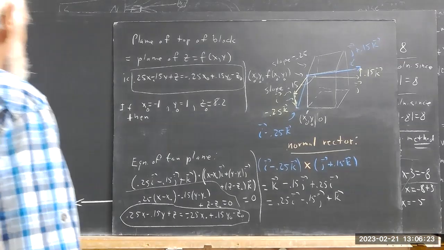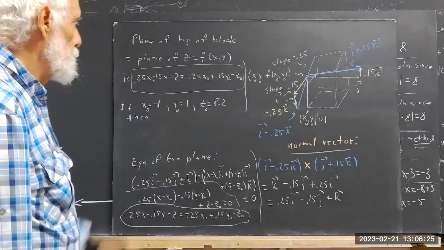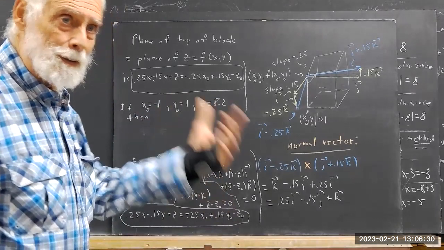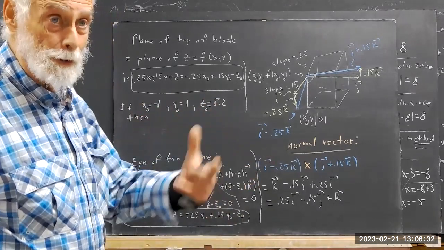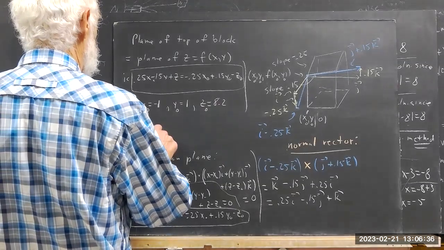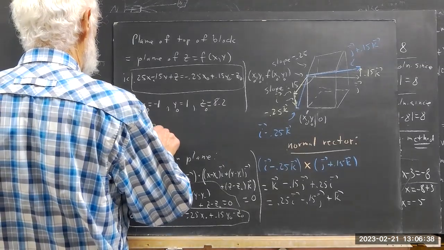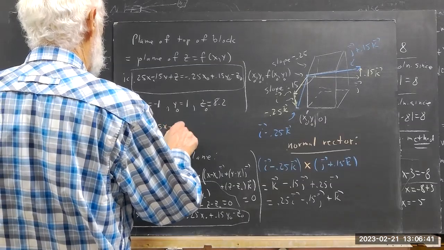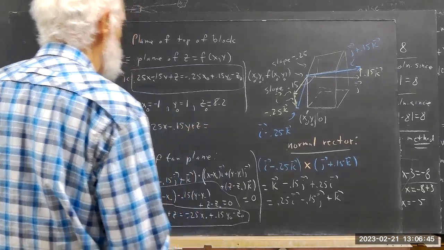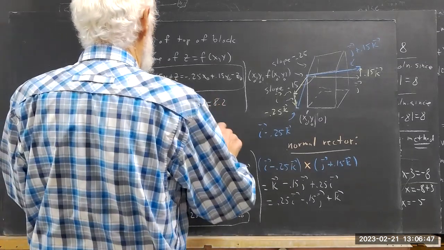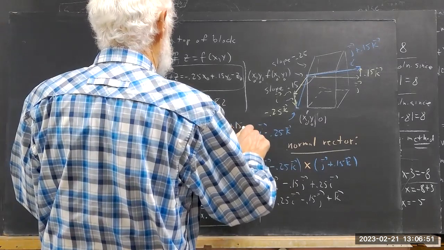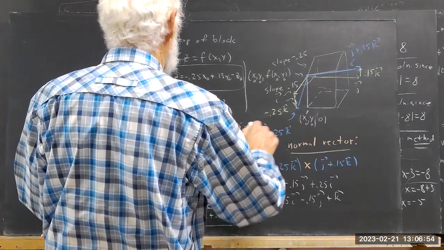Now, x naught's -1, y naught's 1, z naught is 8.2. And I had x, y, z here. You should have made it x naught, y naught, z naught, because that might have put a confusion. You get this equals, well, that's going to be -0.25 plus 0.15 minus 8.2.